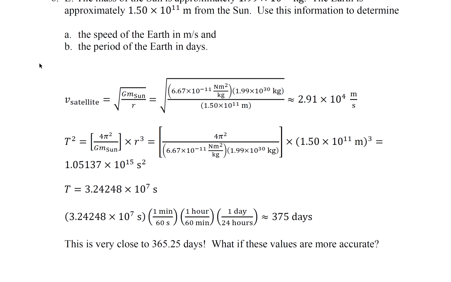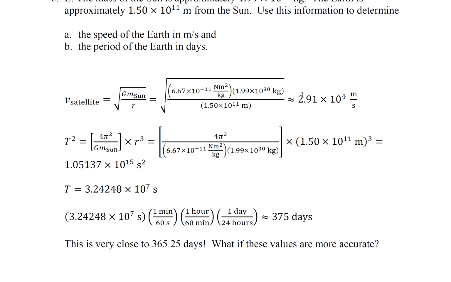And the period of the Earth in days, we solved for it to be this in seconds squared. So take the square root of both sides, we have this in seconds. Now we're just going to multiply by 1 three times.